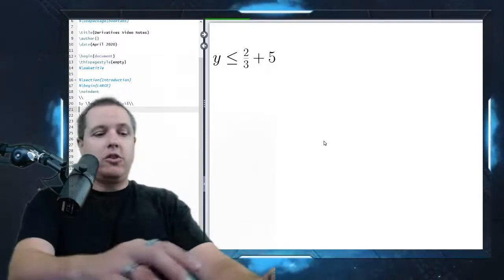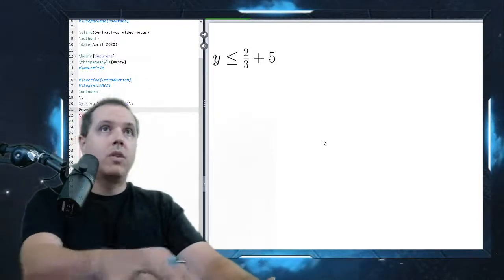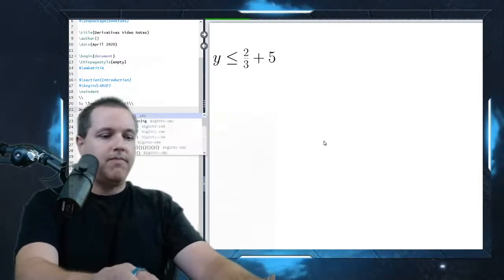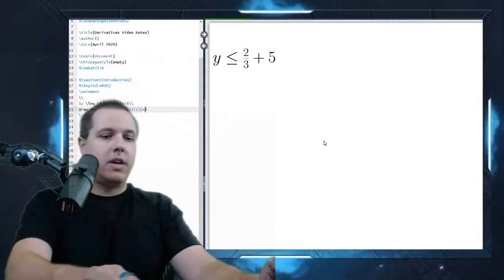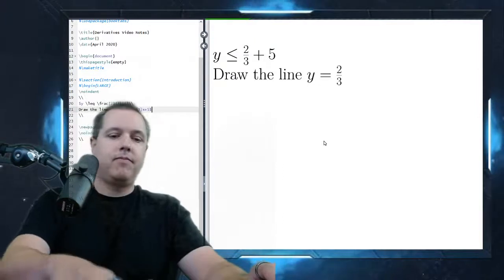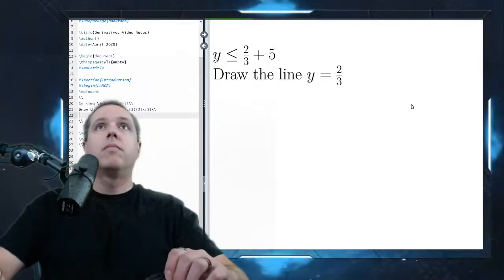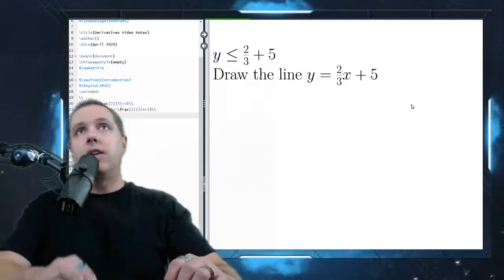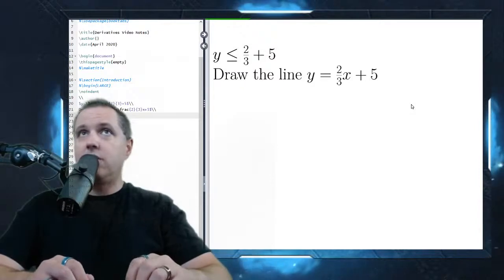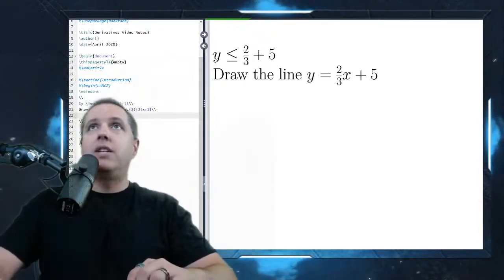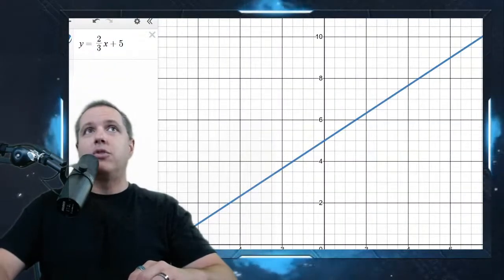The first thing you do, here's your step number 1: draw the line y equals 2/3 x plus 5. That's the first thing, because that's going to separate your solutions from your non-solutions. So we draw that line. We've already done that, because hopefully you remember how to draw a line at this point. So y equals 2/3 x plus 5.